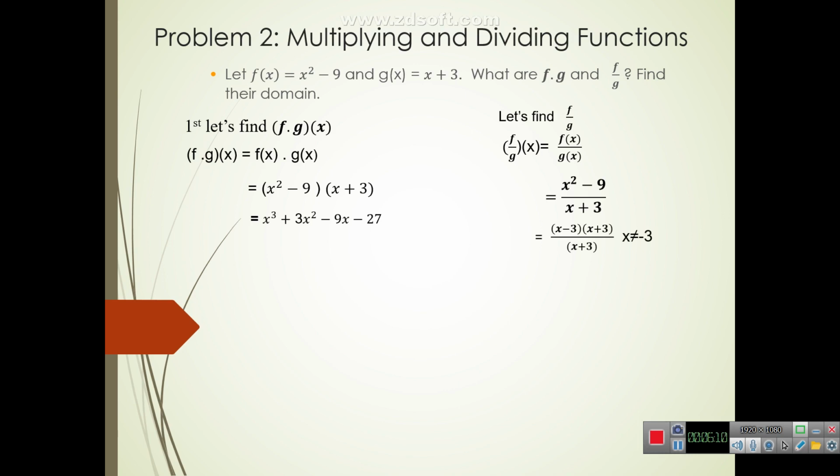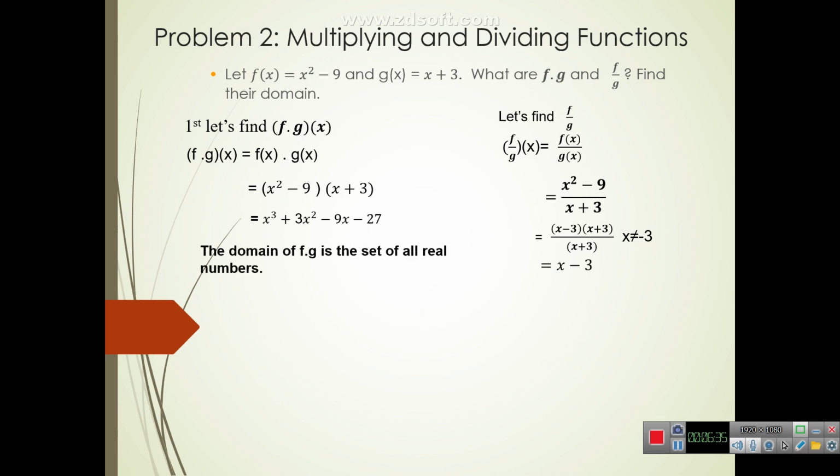X squared minus 9 is the same as x minus 3 times x plus 3, over x plus 3. Because division by 0 is undefined, here x cannot be negative 3, because negative 3 makes the denominator 0. Then let's cancel out x plus 3 by x plus 3. And finally, we'll get x minus 3.